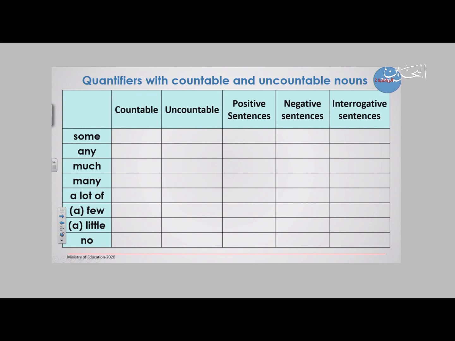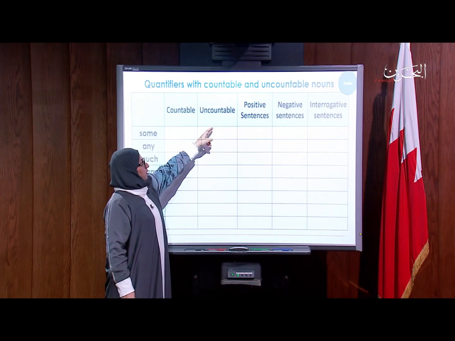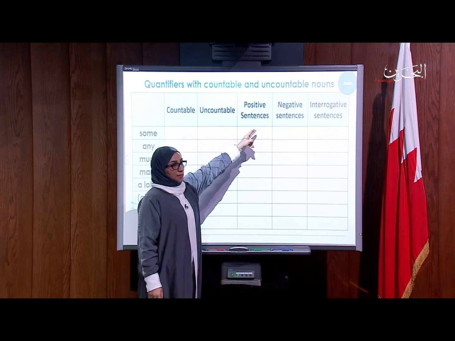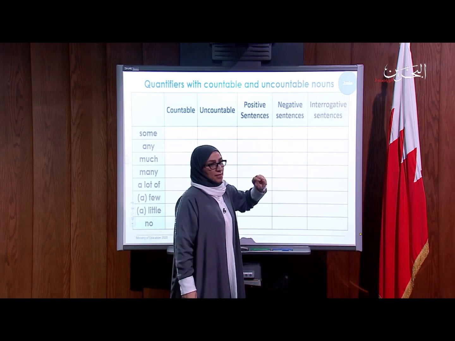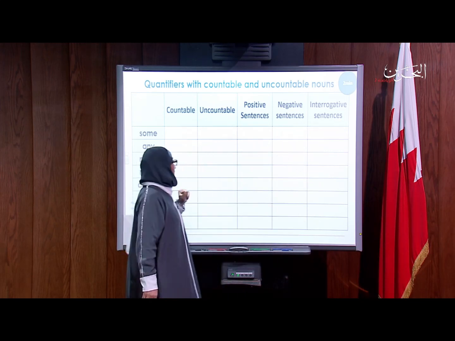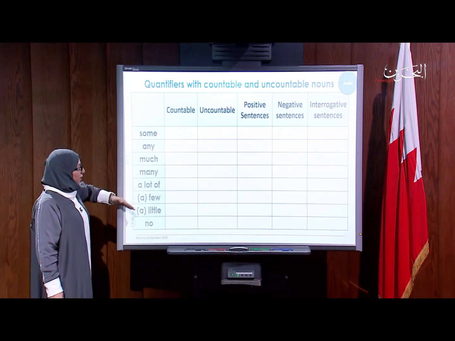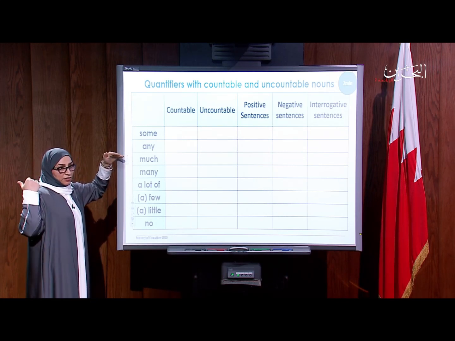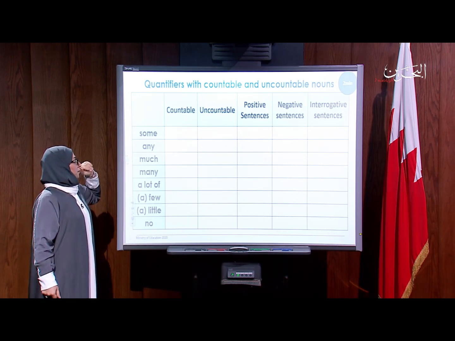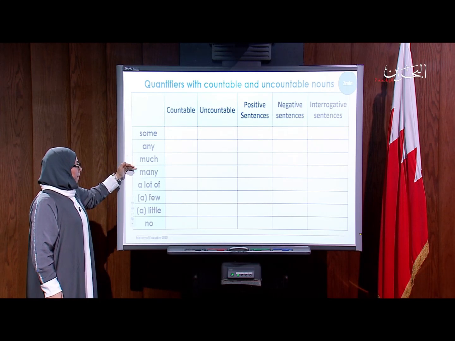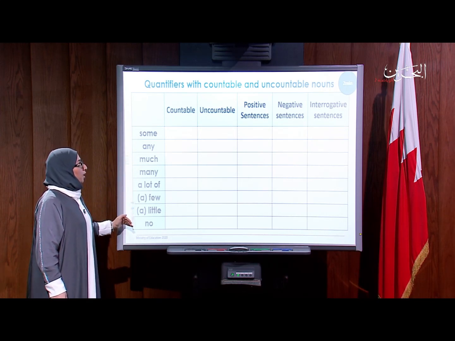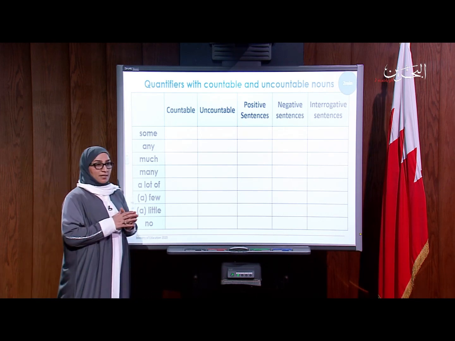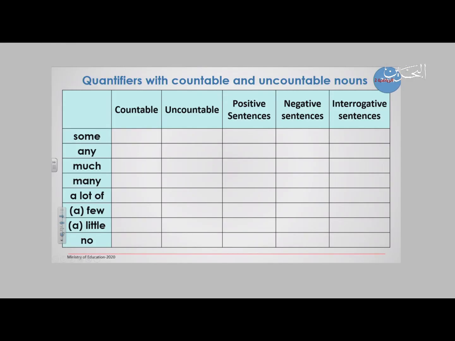You have a table here with columns: countable, uncountable, positive sentences, negative sentences, interrogative sentences, which are the questions. Here are the quantifier words I already introduced in the previous slide. Some, any, much, many, a lot of, few, little, no. I'll give you 2 minutes to try to pick the right column.